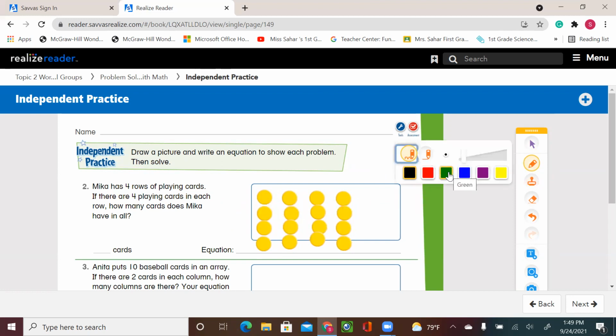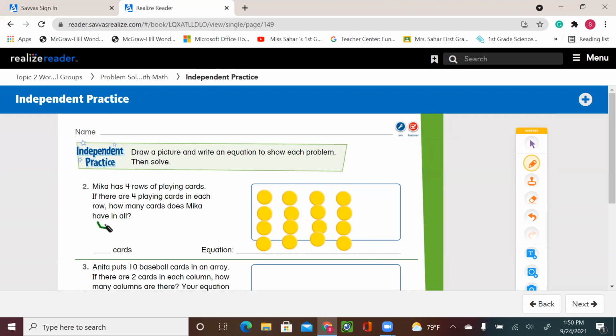So we need to write an equation. So what are we gonna say? I'm gonna write them up there, because I don't have space on the bottom. So I'm gonna say 4 plus 4 plus 4 plus 4, 4 times, because I have 4 rows, and in each row I have 4 cards or 4 counters.